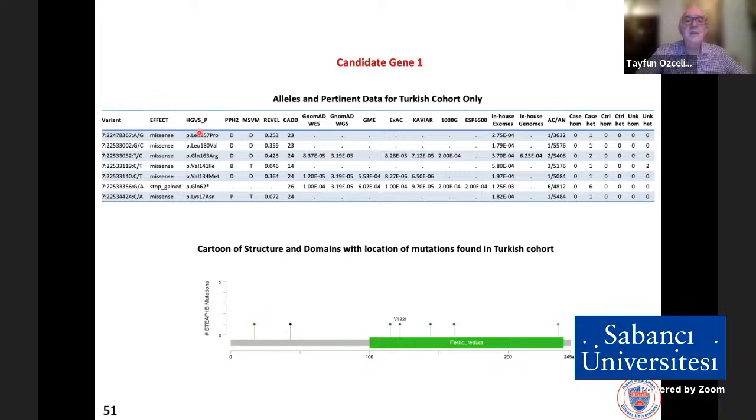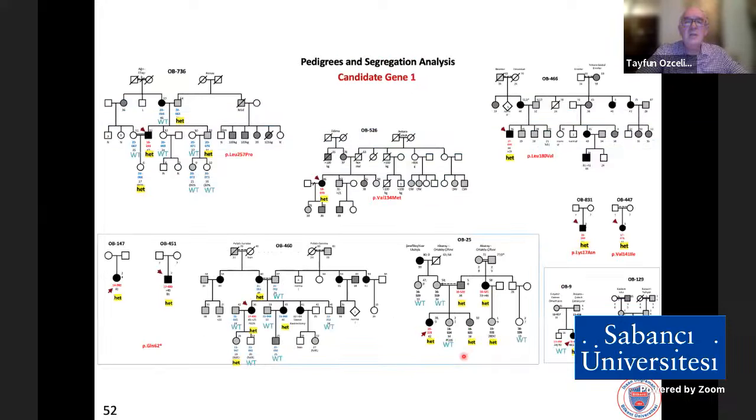Here is the candidate gene with the mutations and the localization of these mutations on the structure of the gene. You have the exon intron structure, and then these are the individual mutations found in this gene. This is the 5' regulatory region, and this is the coding part of the gene. And here is my final slide.